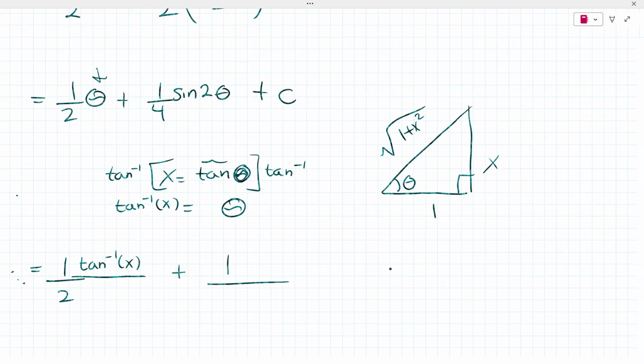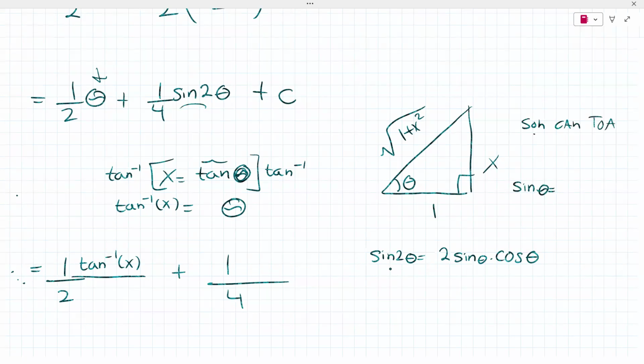And then I'm going to replace my theta with tan inverse of x plus 1/4 times 2 sine theta. We know that sine of 2 theta is the same thing as 2 sine theta times cosine theta, right? So what we've got to do is find sine theta and cosine theta. What is sine theta? Sine is opposite over hypotenuse.